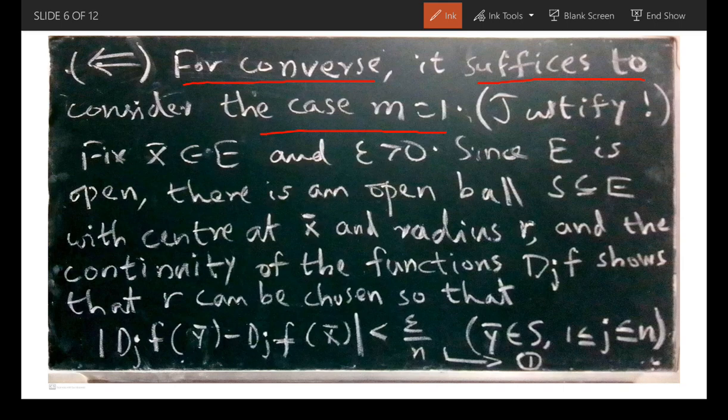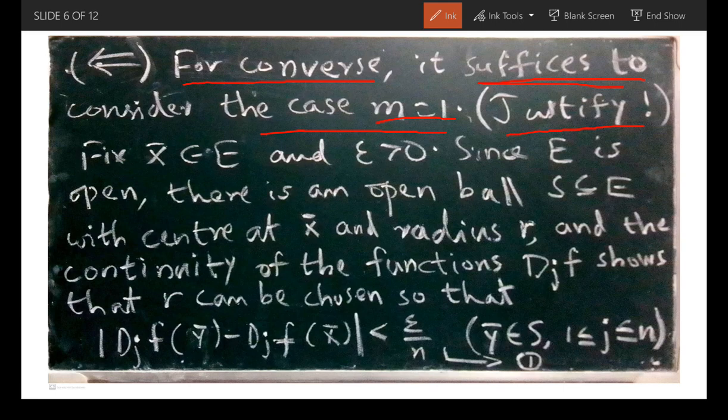That means f is from E to R. It is enough to take that case. Why is that? I want you to justify why it is enough to take the case m is equal to 1. That means now f is a real function defined on E, f is from E to R, where E is an open subset of Rn.